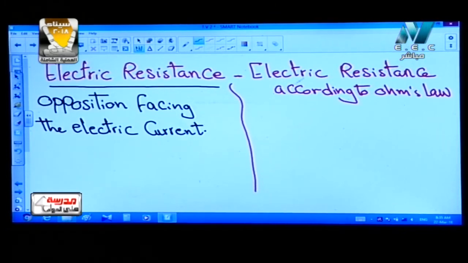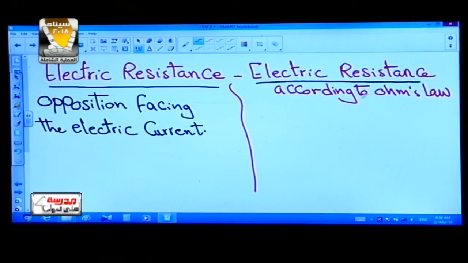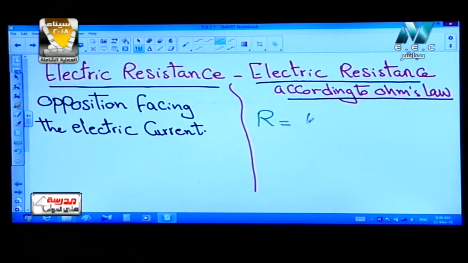But if we have to define the electric resistance according to Ohm's law, we should define it as R equal V over I. Right? So what is meant by electric resistance? I tell him it is a ratio between the potential difference and electric current intensity.